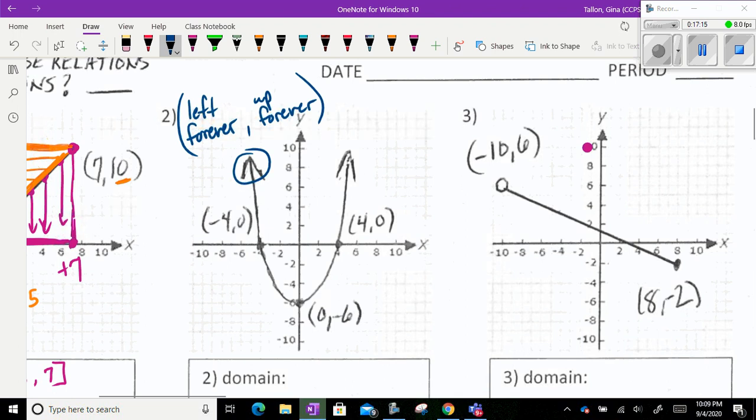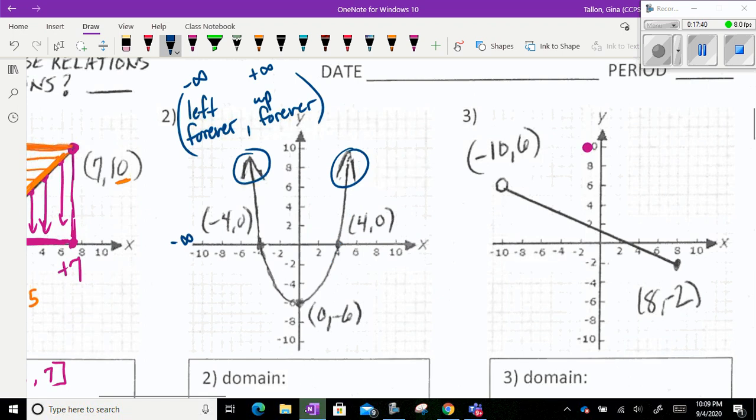And when you go left forever, that's considered negative infinity. And when you go up forever, that's considered positive infinity. And now let's look at our other arrow, this one here. This arrow here is in quadrant 1, and the graph kind of stretches and continues to grow in quadrant 1, but it stretches to the right and it grows up.